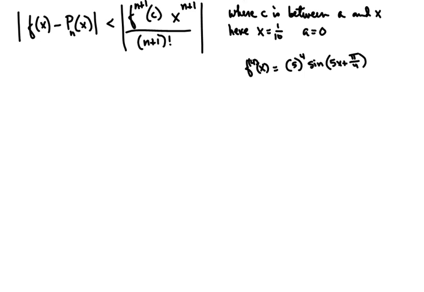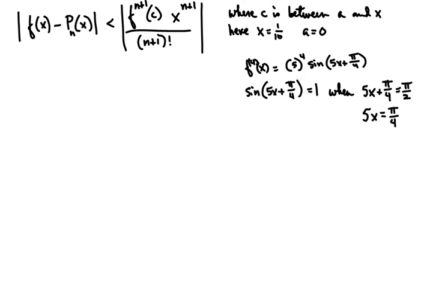And sine hits its maximum value of 1 when 5x plus pi over 4 equals pi over 2. And so we can solve for x here by subtracting pi over 4 from both sides and dividing both sides by 5.